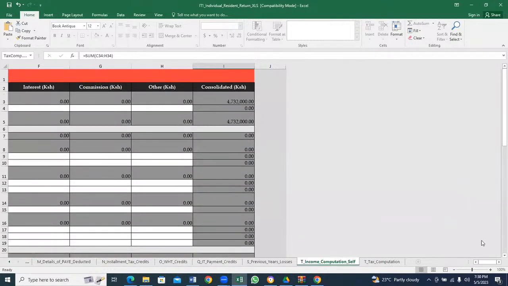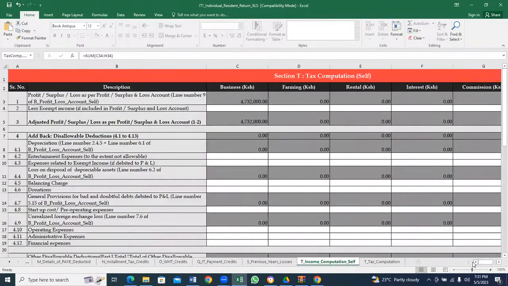It borrows from the information you fed in the P&L. You can see your profit here as per the P&L is 4.7.